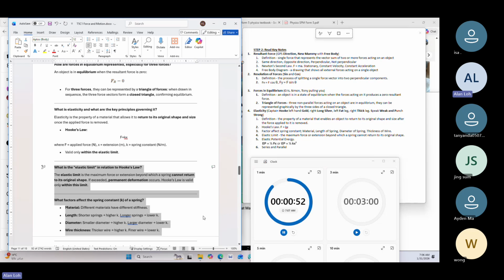Drawer number 4 and drawer number 4. Twenty seconds.